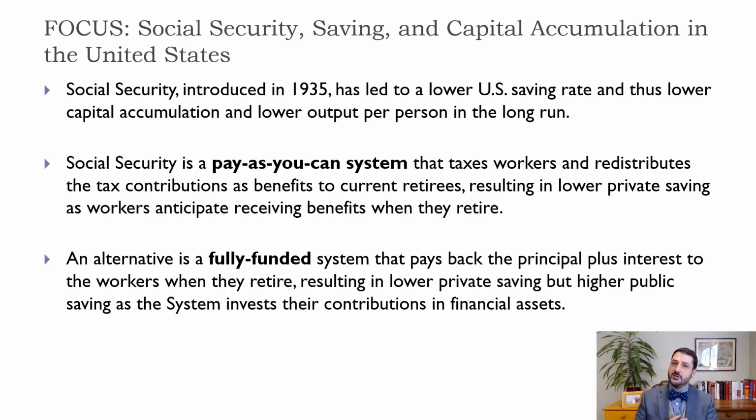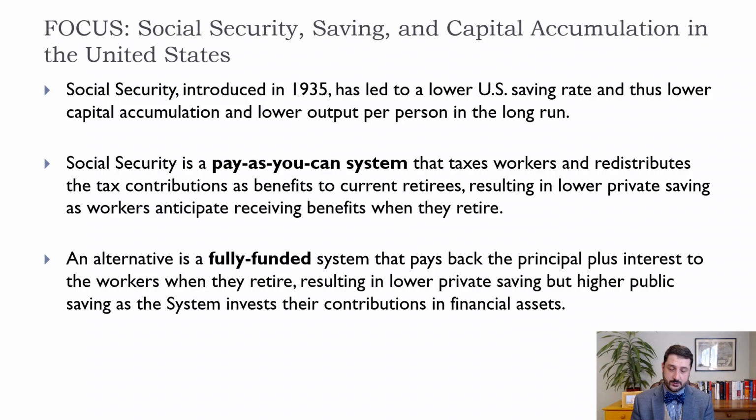That would definitely be true in a closed economy, right? But we don't have a closed economy. And so I'm not sure how much you can argue that our capital per worker is significantly lower than it would have been with a fully funded system or without Social Security. Maybe there's some careful econometrics that has made that argument, but I haven't seen it.